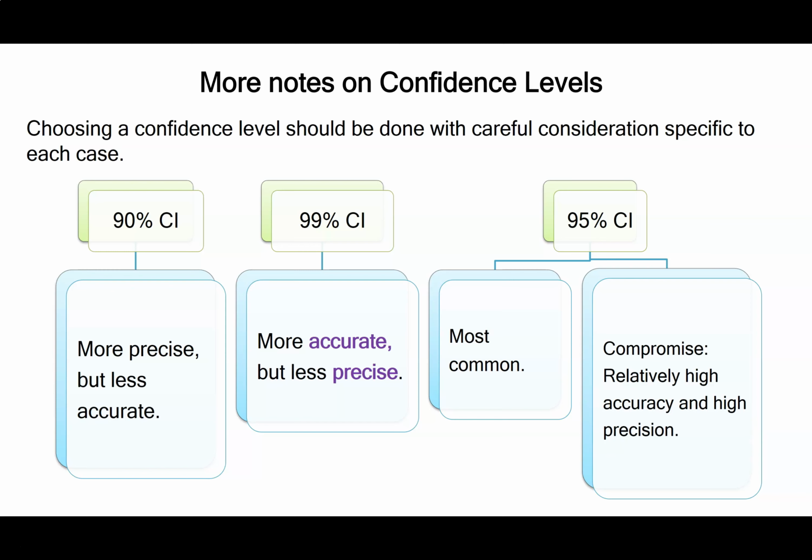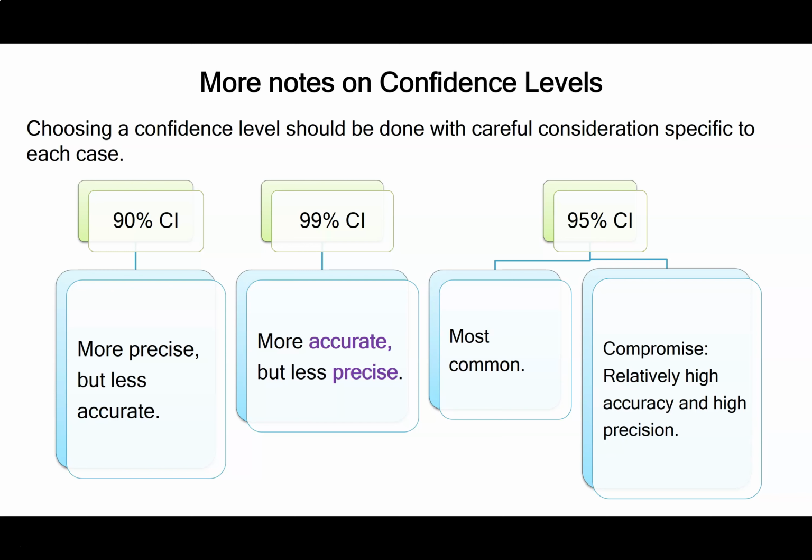Precise is narrow, less precise is wide. Folks would be a little miffed with me if I said, oh, well, I have a 90% or 99% confidence interval for the average score on an exam out of 100, that the average is between 10 and 100. It is so wide that it's not useful.